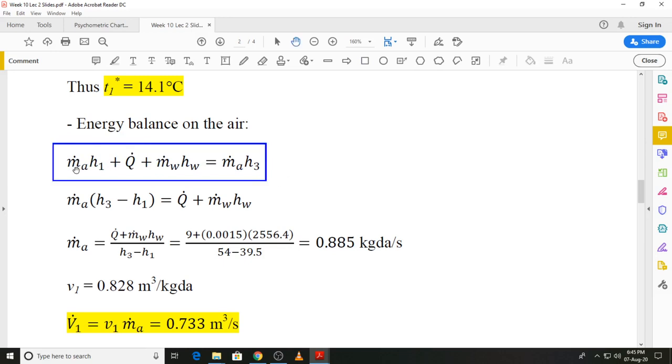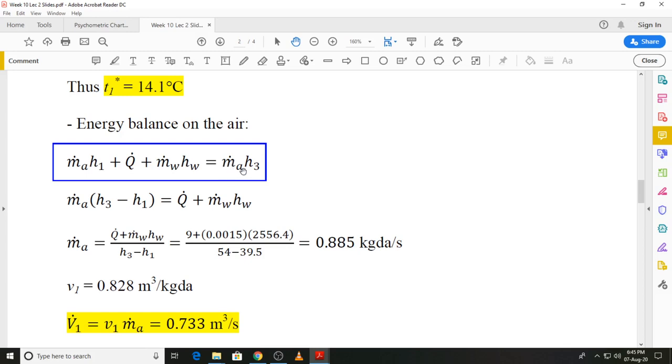When it enters the room, it has an energy content of m dot a h1. Because it is sensibly heated at a rate q dot, we add that to the energy at state 1. In addition, when you add water or moisture, it will also carry energy with it, and that will be equal to m dot w hw, and all these three terms, when summed up, will be the energy content of the air when it leaves the room, that is at state 3.